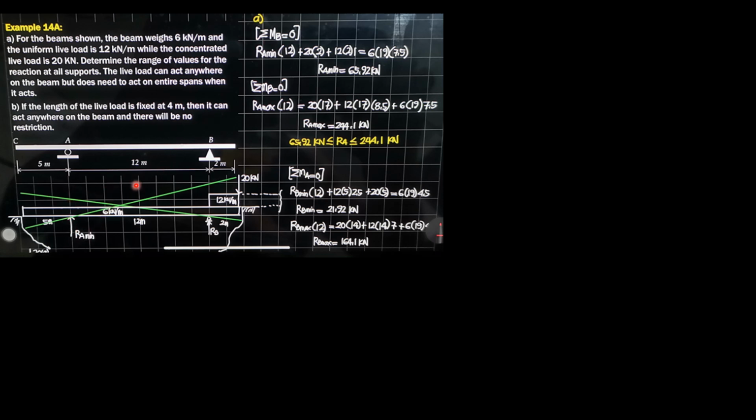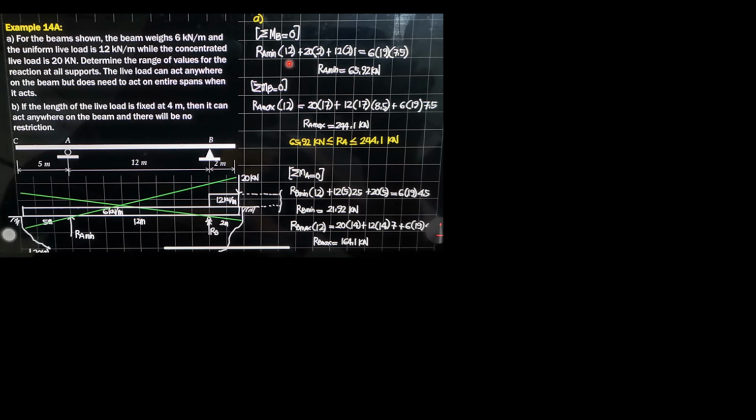RA minimum times 12 plus 20 times 2 plus 12 times 2 times 1, then equals 6 kilonewton per meter times 19. Half of 19 is 9.5, because we sum up moment about B. 9.5 minus 2 is 7.5. So that's why the moment arm for the dead load is 7.5. So RA minimum therefore is 65.92 kilonewtons.